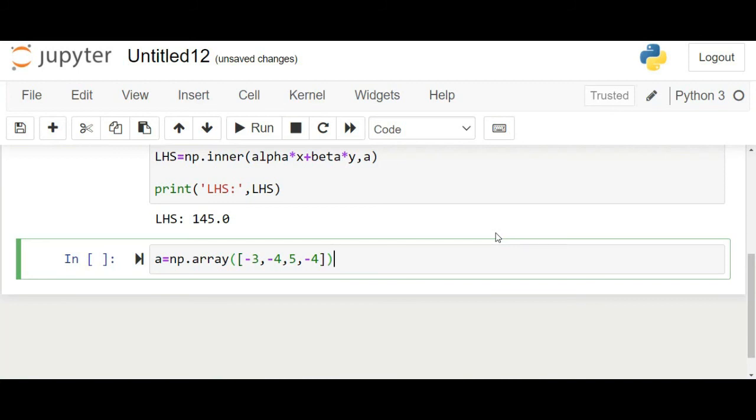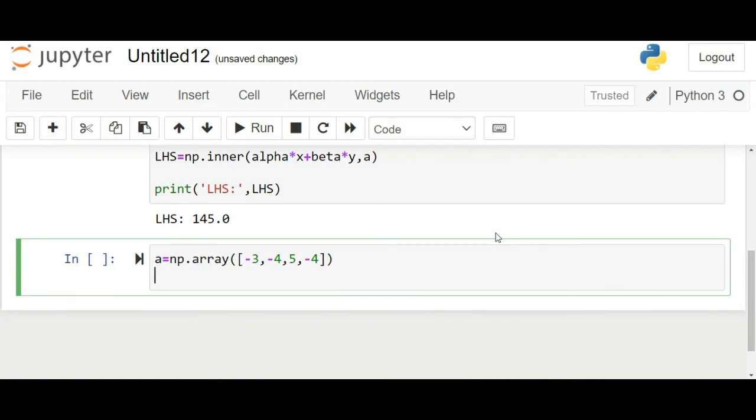So these are the values. This is the vector A, and now we will take the vector E3, which is equal to np.array. Inside the square brackets we take the values 0, 2, 2, 0 in this way.